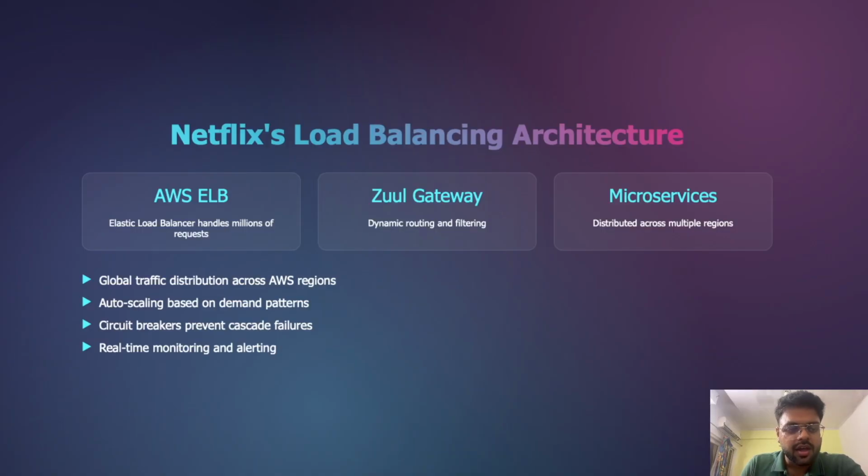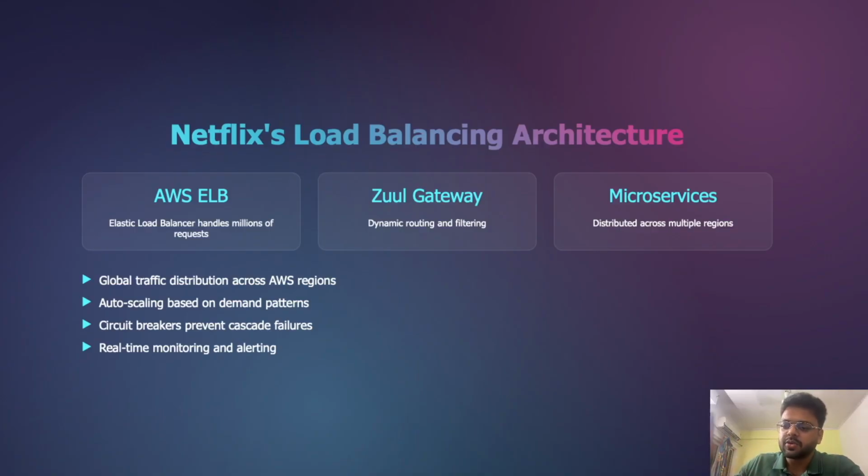And here's where the global traffic distribution across AWS regions comes into the picture. Let's understand this with an example. Let's suppose I'm sitting in India and I hit the Netflix icon and go to stream a movie, let's suppose Stranger Things. I don't know where my request would go.